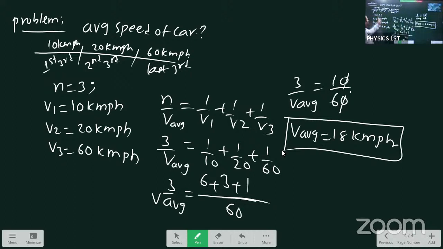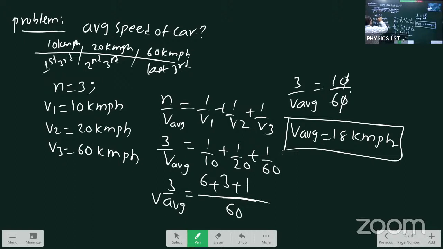The question they are giving is like this: a car traveled 1 by 3rd of the total distance with 10 kmph, the second third with 20 kmph, the last third with 60 kmph. In this journey, what is the average speed of the car? 1, 2, 3, the total number of speeds is 3. That's why we wrote n equals 3.